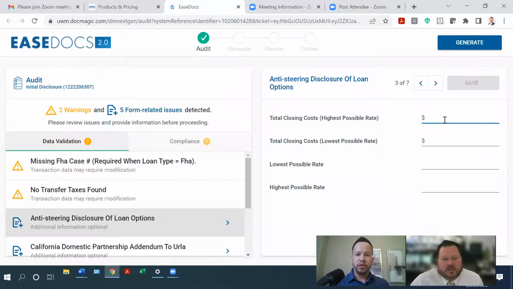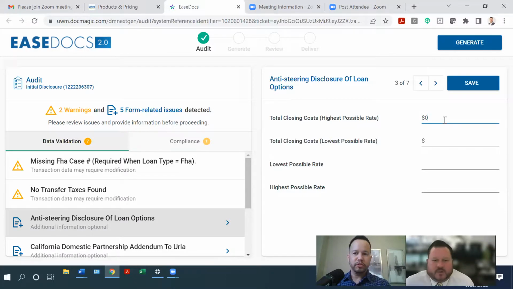There it is. So highest possible rate, 4.625, correct? Actually, it would be the cost for that one. So that would be the 31,000. Highest possible rate, that would be 0, right? Nope. The first one's the total closing costs on the highest possible. Yeah, correct. I'm sorry, you're right. So that'd be 0.